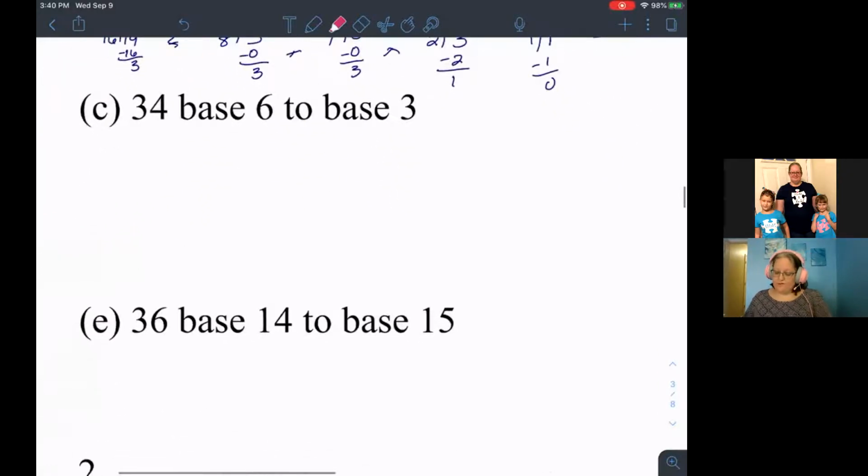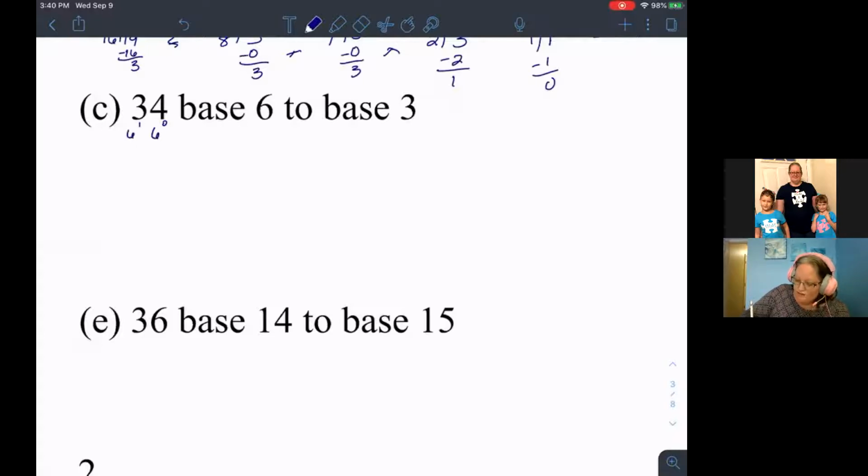So then we have 34 base 6 to base 3. We need to start by changing the 34 to base 10. We do that by multiplying the digits by the powers of 6. 6 to the 0 is 1, and 6 to the first is 6.